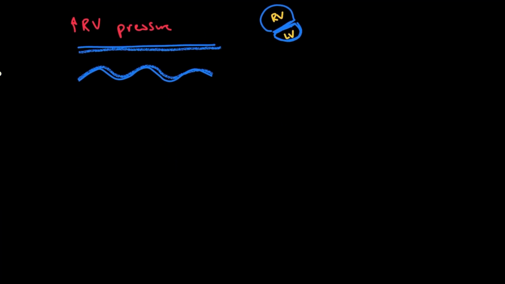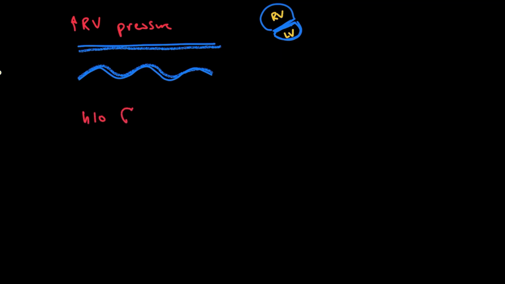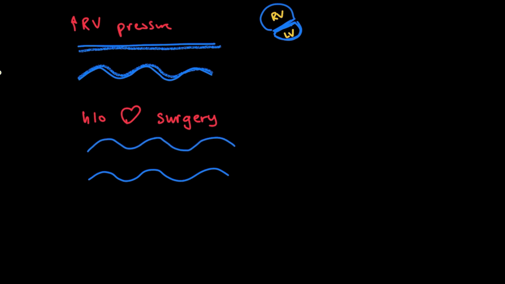All right, what might you see if you had a history of cardiac surgery? You'll see something interesting. You'll see that the two walls actually move together because the heart's swinging.